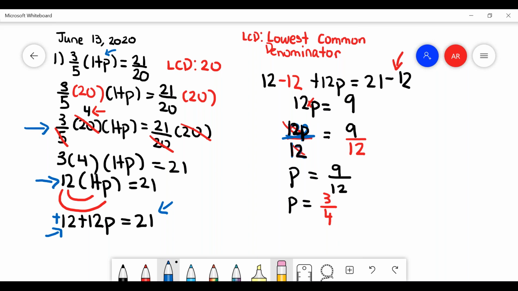We had to isolate for p, so I divided both sides by 12 in order to isolate for p, and reduced that fraction further in order to get our final answer, which is p equals 3 over 4 to the question 3 over 5 times 1 plus p is equal to 21 over 20. So great, we've just finished our first question. So moving on to our second question.